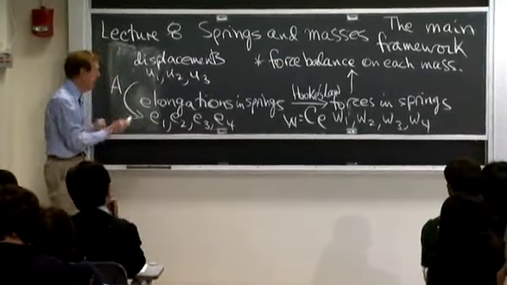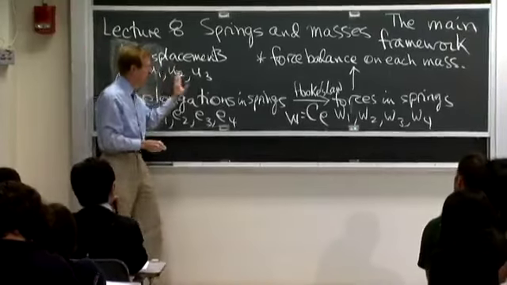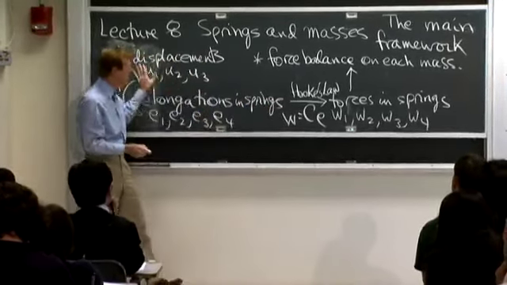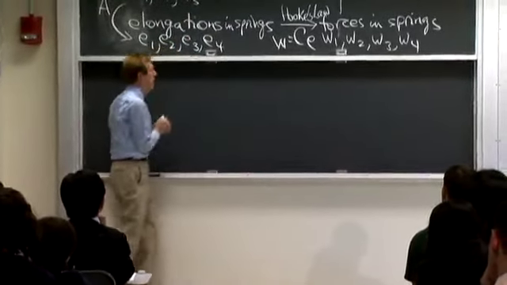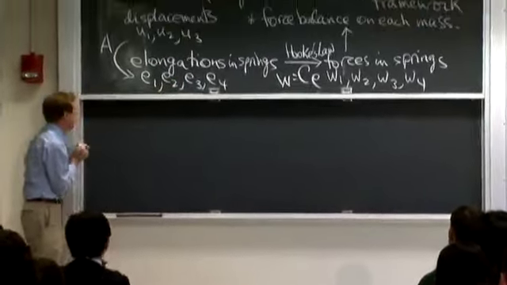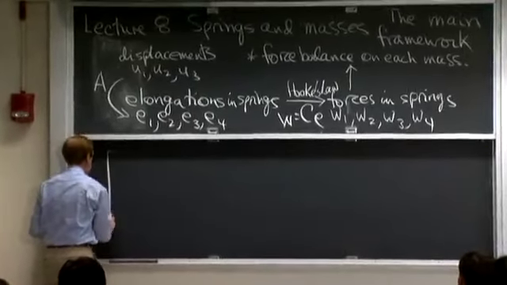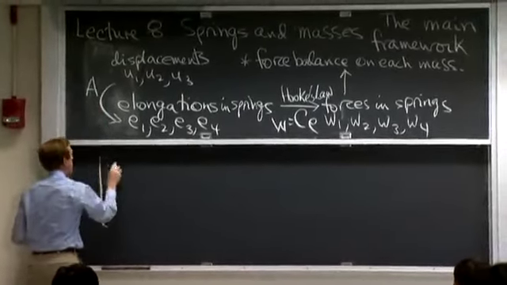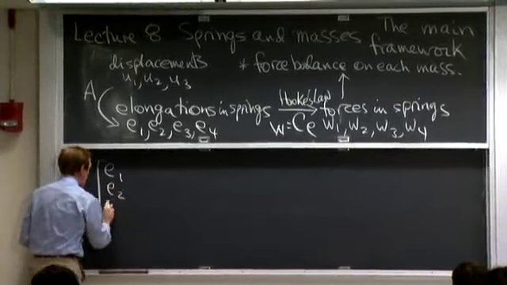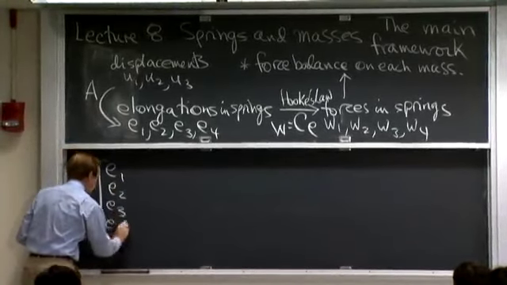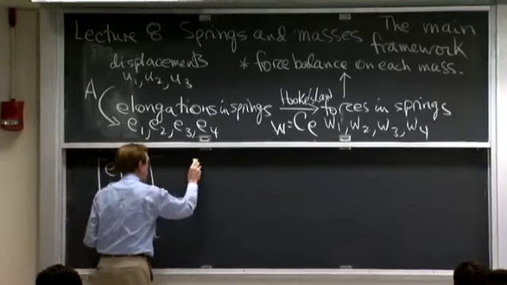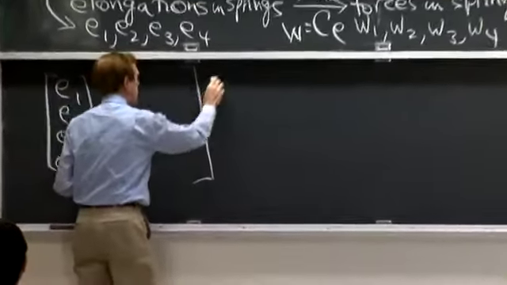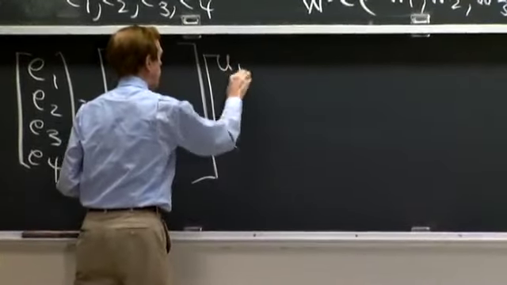Okay, so this part was easy, and it's these two parts that I want to pin down. Well, you told me how to start here. So the elongation, I want to take this step. Again, I want to find the elongations from some matrix that multiplies the displacements.